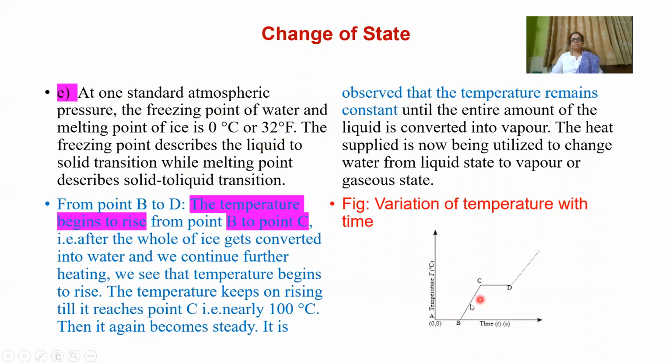Now from B to D. The temperature begins to rise from B to C. That is, after the whole ice gets converted into water and we continue further heating, we see that the temperature begins to rise. The temperature keeps on rising till it reaches the point C, that is nearly 100 degree centigrade.